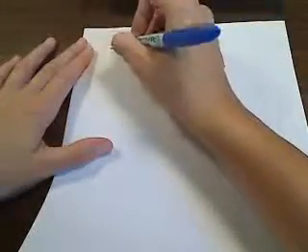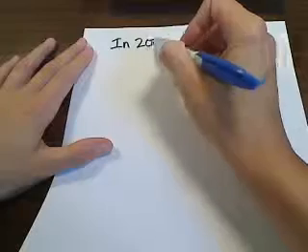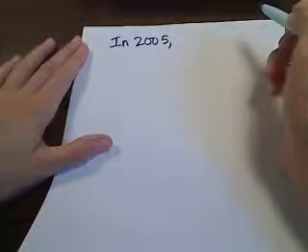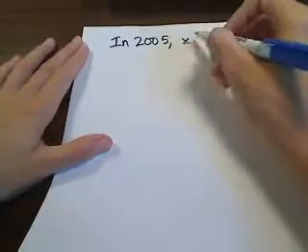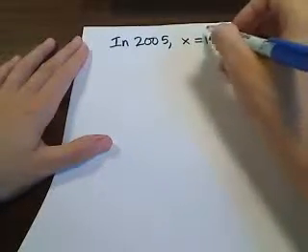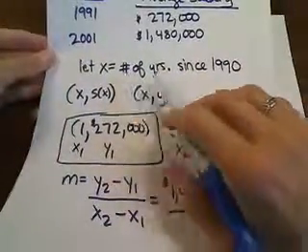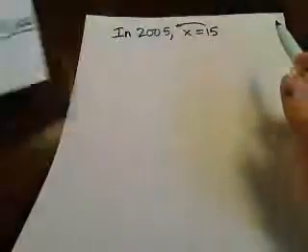So in 2005, that would be 15 years after 1990. So this would be x equals 15 in 2005, because remember that we had x defined to be the number of years since 1990.